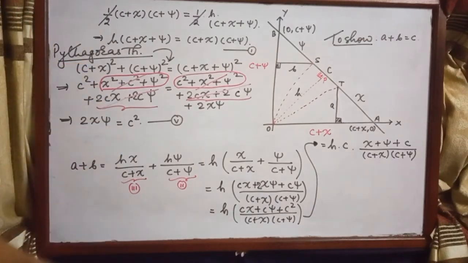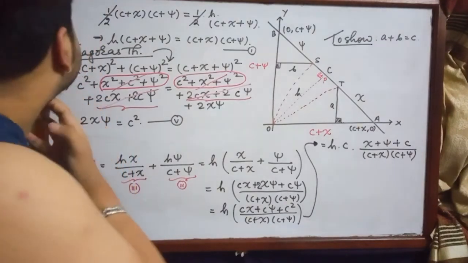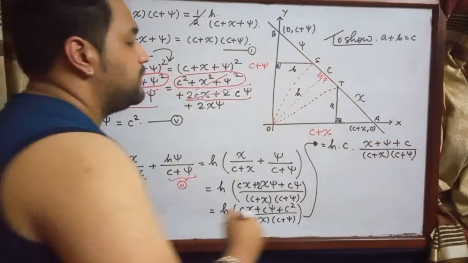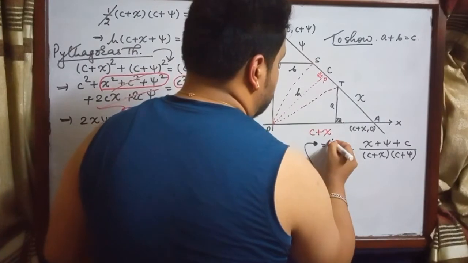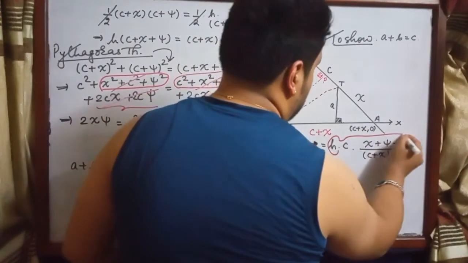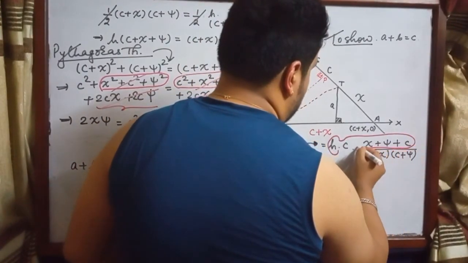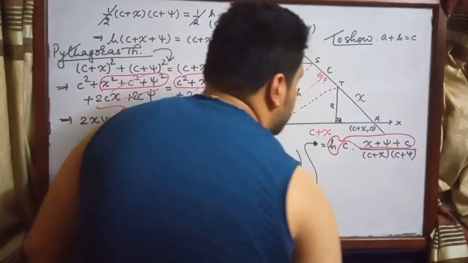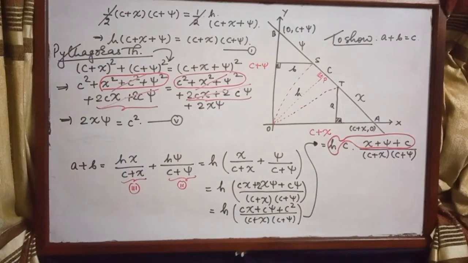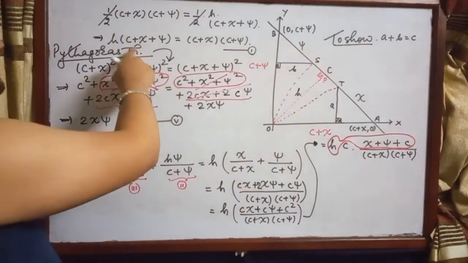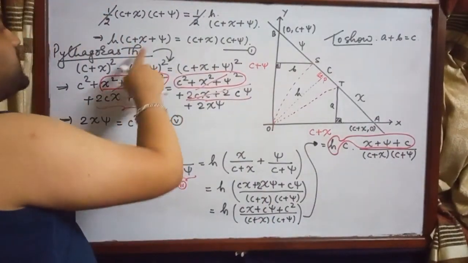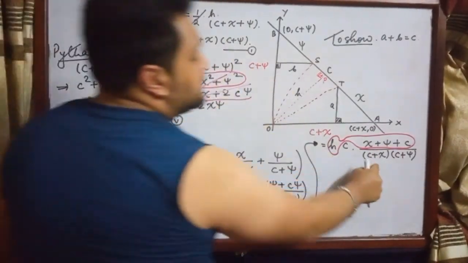Now from 1, we have h times c plus chi plus psi equal to c plus chi times c plus psi, the denominator.